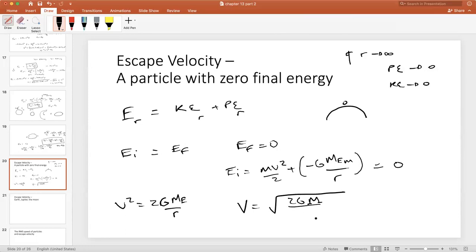I called it the Earth there, but this is known as the escape velocity from a planet. You get it by, as I said, setting the potential energy going to zero and the kinetic energy going to zero when it's in some final position far away.